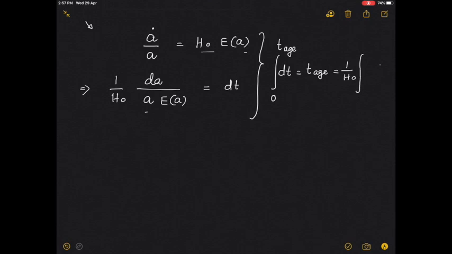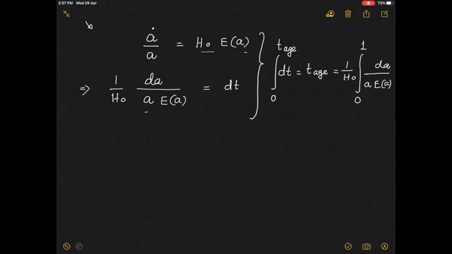What is that equal to? Well, I have 1 by H naught and I have this integral dA by a E of a. What is that integral over? Well, in all models at t equals 0, a is 0, and at present a is 1. So that is the integral. It's not necessary that this integral converges.